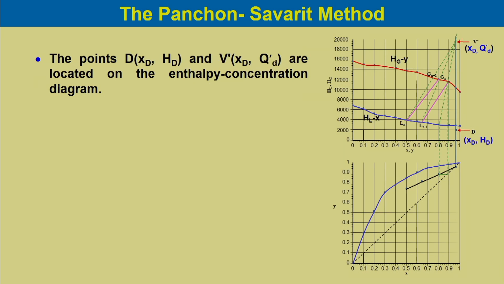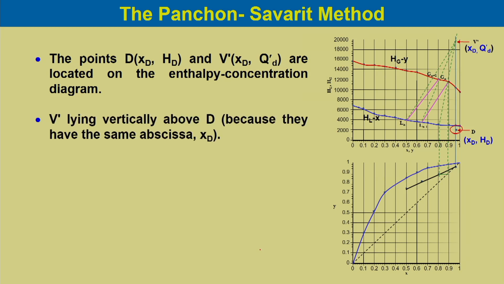The points D, having coordinates xd and hd, and V dash, that is xd and qd dash, are both located on the enthalpy concentration diagram.